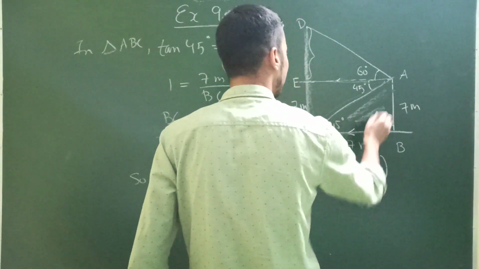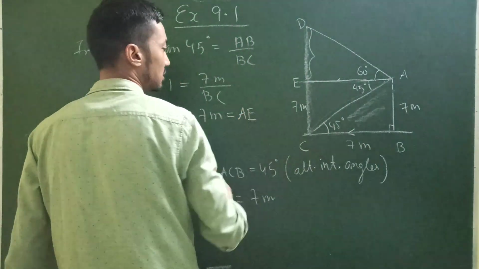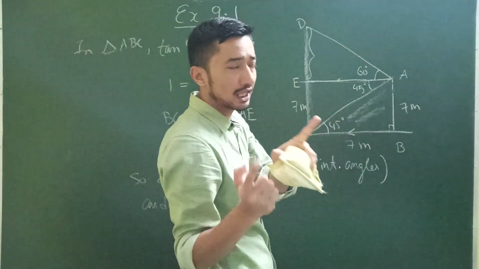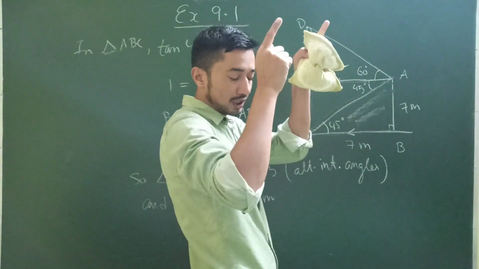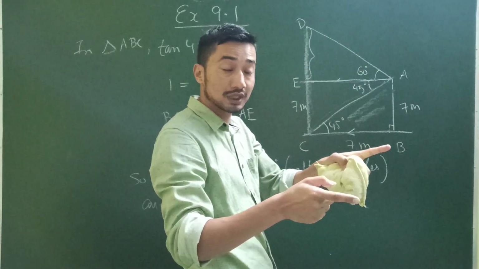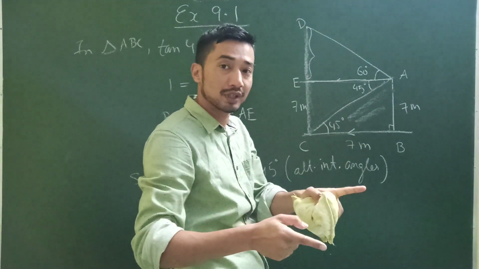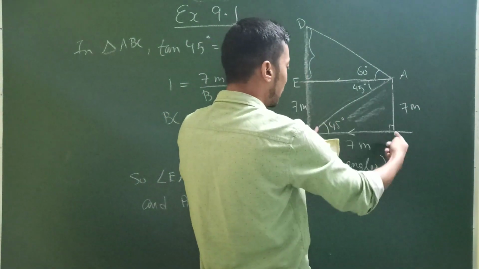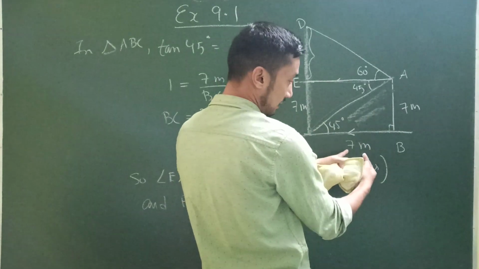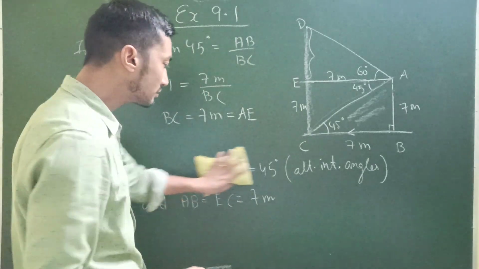If BC is 7 meters, then AE would also be 7 meters. Because on the ground, as we discussed in ideal situations, when we assume that the tower is standing, a tree is standing, what did we promise each other? That they will be considered to be perpendicular lines. So if these two are perpendicular lines, even this length will be the same. So this also is going to be 7 meters.